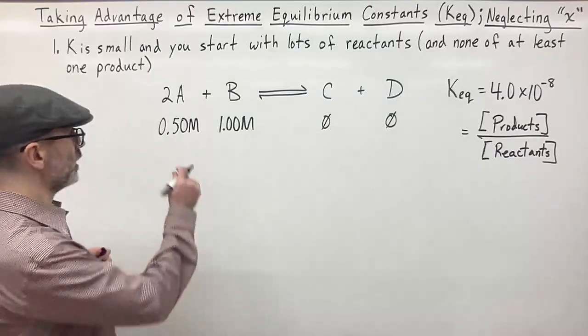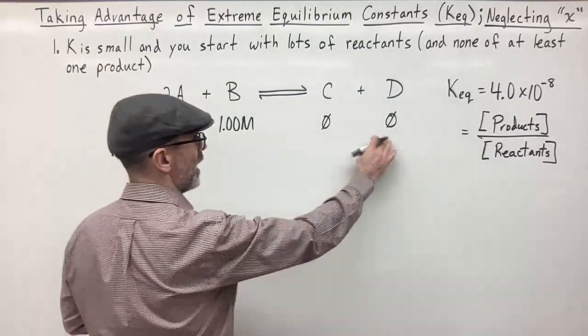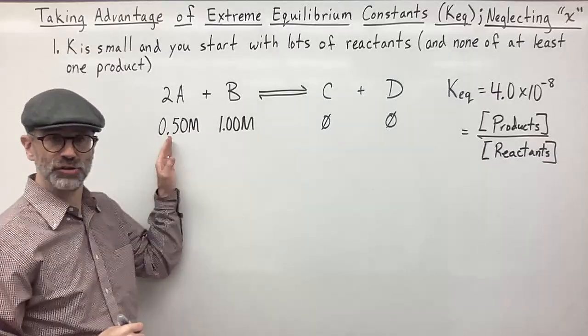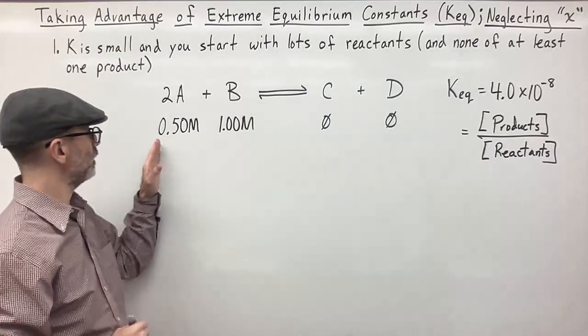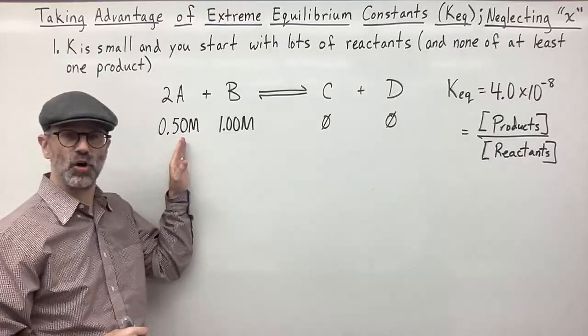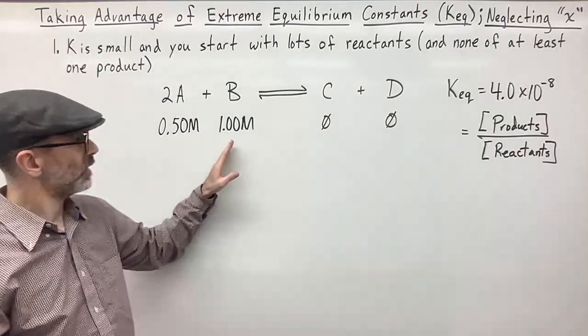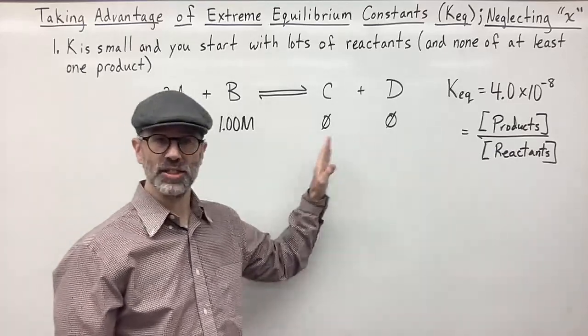Here we are starting with these initial concentrations: A, 0.50 molar, B, 1.00 molar, and then C and D are 0.